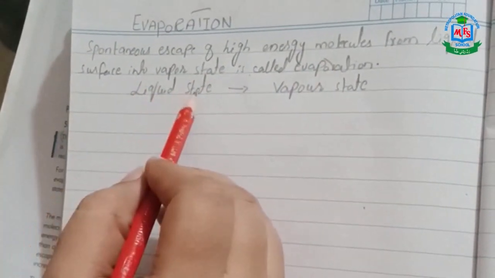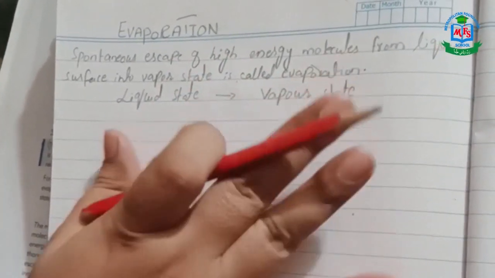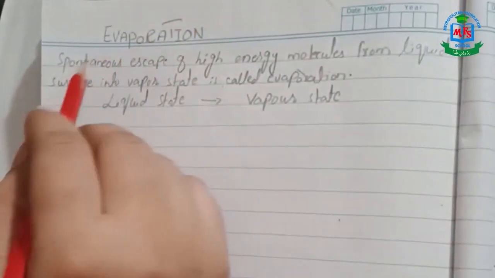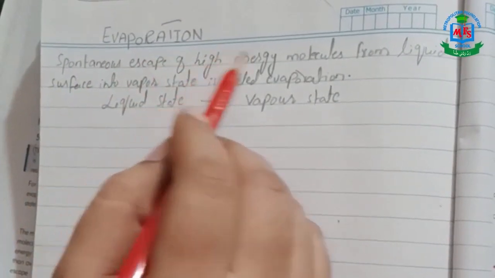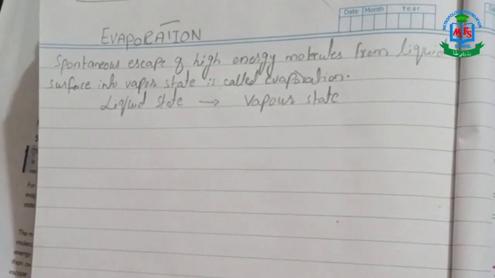The liquid state changes into the vapor state. This is called evaporation. Now student, is that clear? What is evaporation? Spontaneous escape of high energy molecules from the liquid surface into the vapor state is called evaporation.